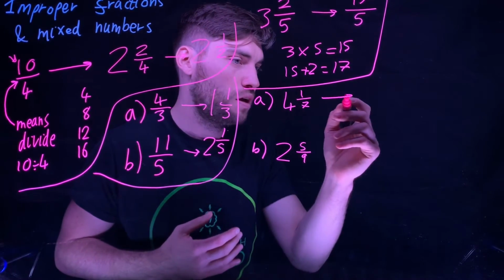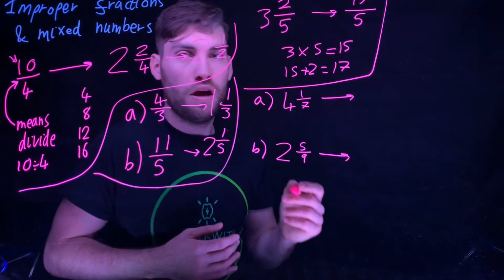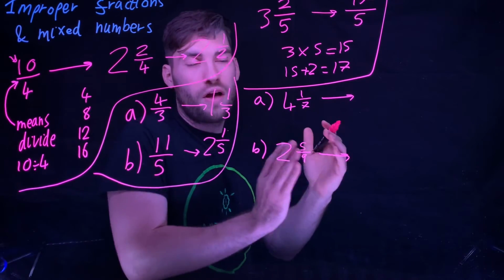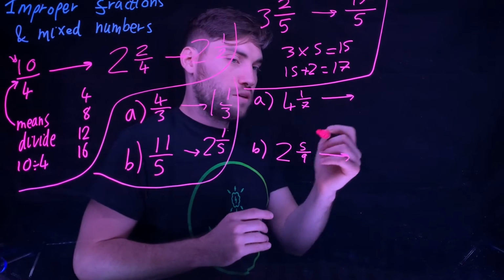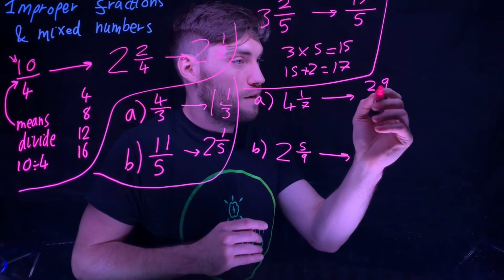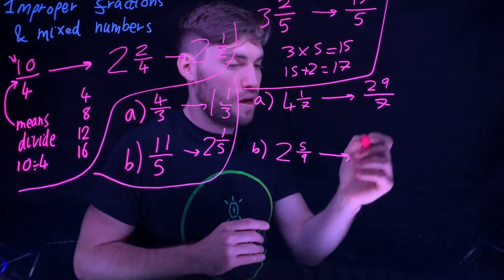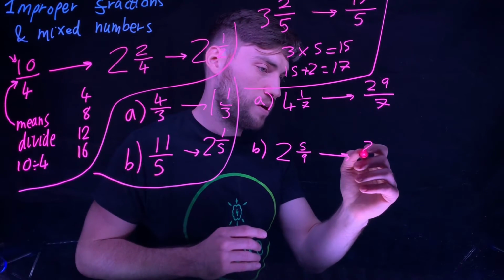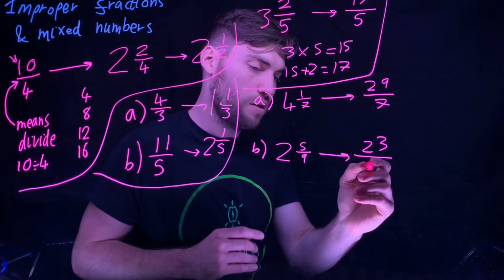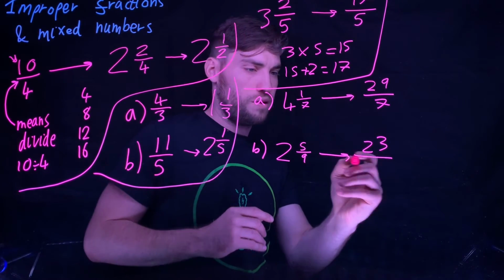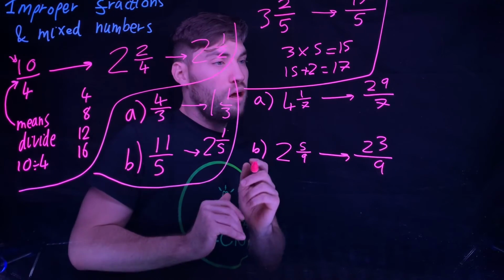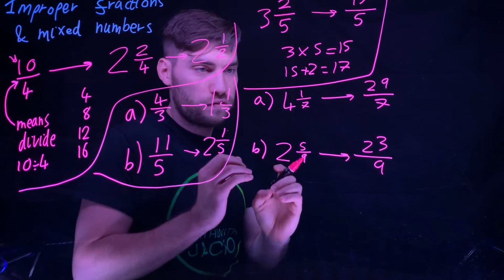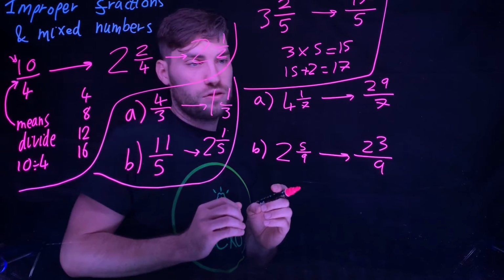Like the other ones, I'll put the answer on, and you've got to think about how I got that answer. So it's 29 sevenths. And then this one, 23 ninths. If you didn't get those answers, pause the video and think about how to get them.